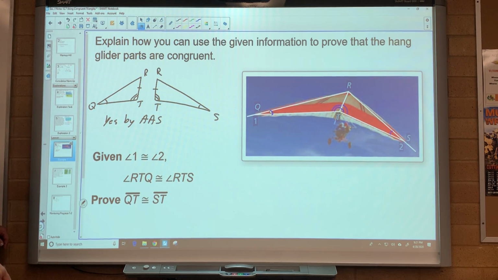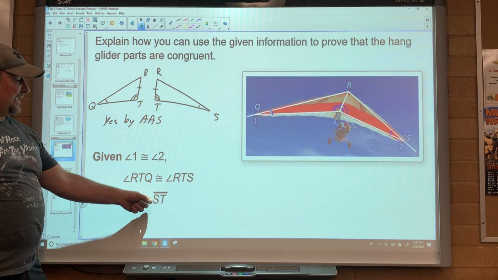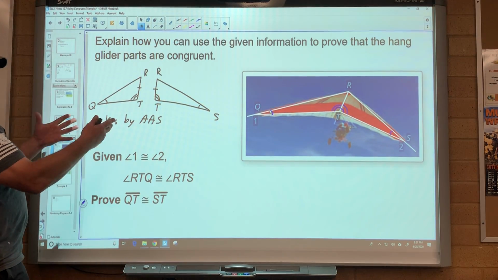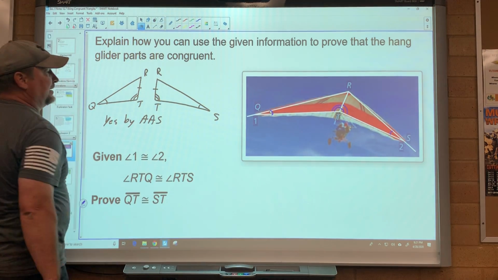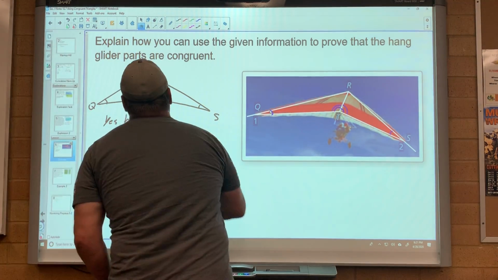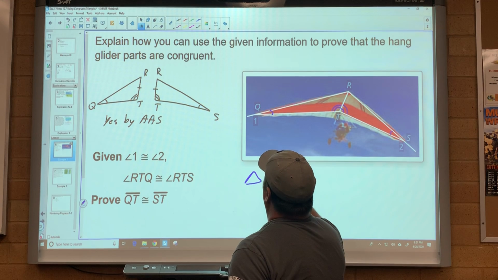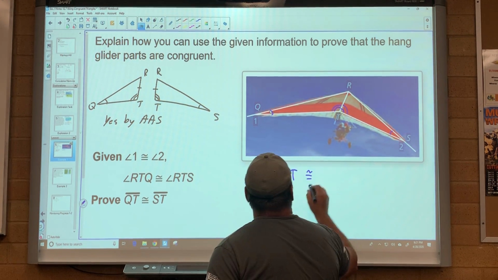And then, yes, the two triangles are congruent because we're trying to prove that Q to T and S to T are congruent. Well, watch, if the two triangles are congruent, which they are, then we've got Q to T and S to T that would be congruent. And the statement would look something like this. Triangle QRT is congruent to triangle.